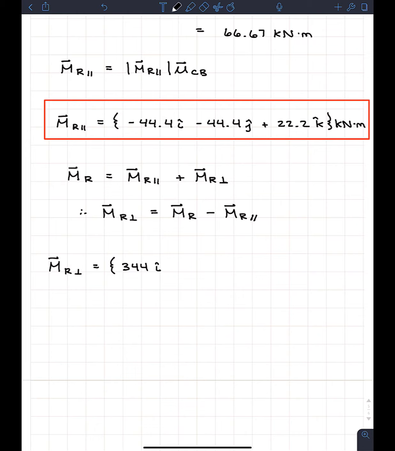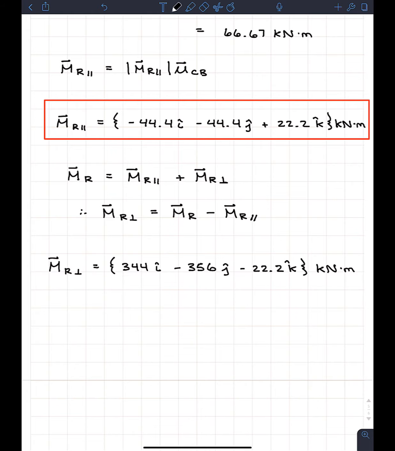And then for the second component, we're going to get minus 356 in the J. And then we're going to have minus 22.2 in the K. I can end this, and I'm going to clean that up after, but it's going to be kilonewtons times meters. So let's just erase this real quick because that looked terrible.